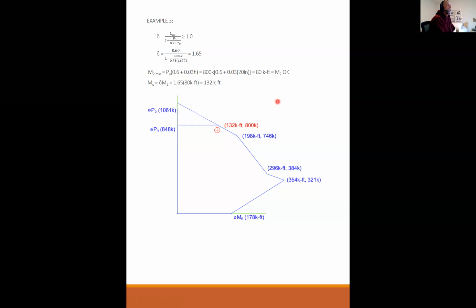This is just my understanding of how they do the code. But Pu has all the uncertainty of the actual magnitude of the load built into it with load factors. 1.2 dead, 1.6 live. That's built into Pu. So we've got more than enough safety factor on the load side built into Pu.